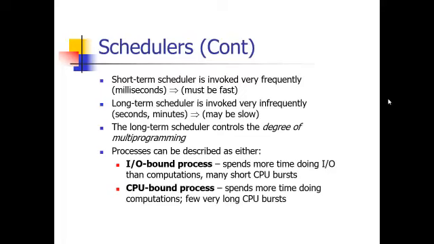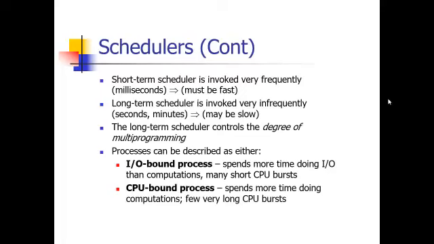So when we consider different types of processes, some processes are IO bound processes. That means it spends more time in input output operations, so it requires shorter CPU usage.